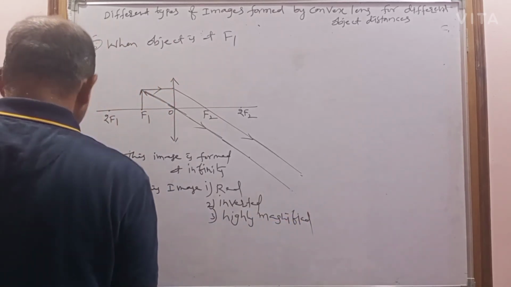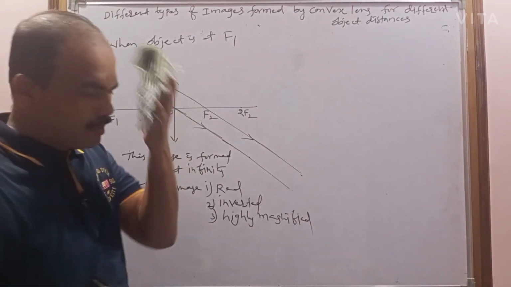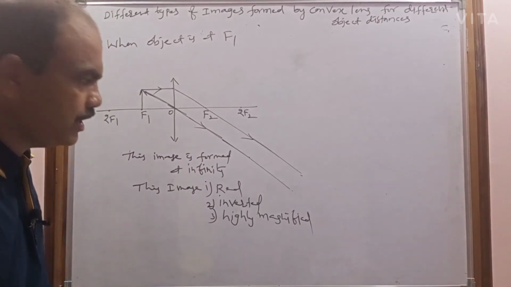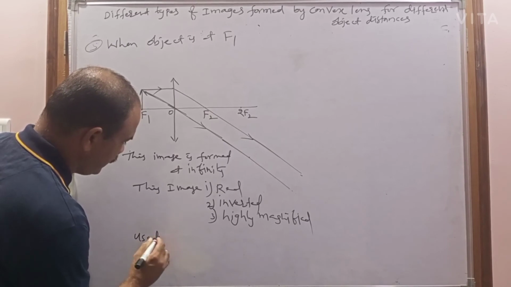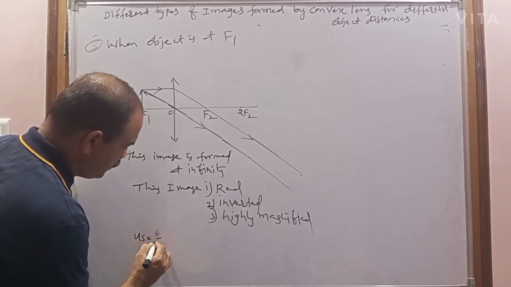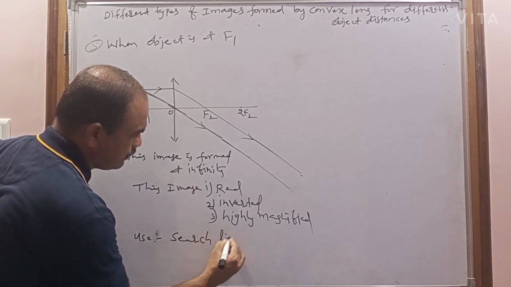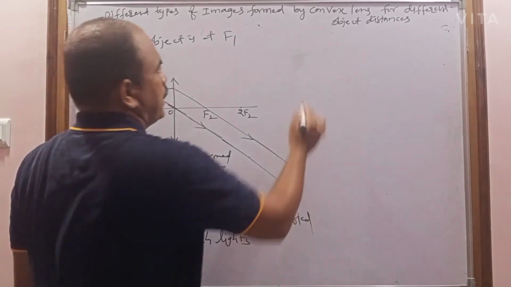Now coming to the use. Where can it be used? This type of image formation can be used in searchlights. This is the use when the object is at focus.